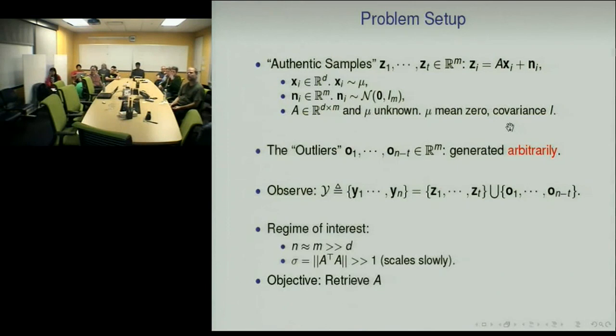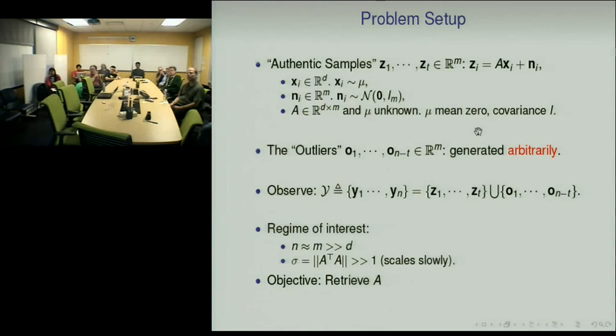Now the regime that we're going to work in is one where the dimensionality of the problem, that's n, and everything here resides in R^m, and the number of samples is more or less the same, and much larger than the dimension of the signal, or if you like, the dimension of the matrix A, which is what we would like to solve for. The size of the signal, which is the size of the matrix A, is assumed to scale slowly with the number of points or the dimensions.